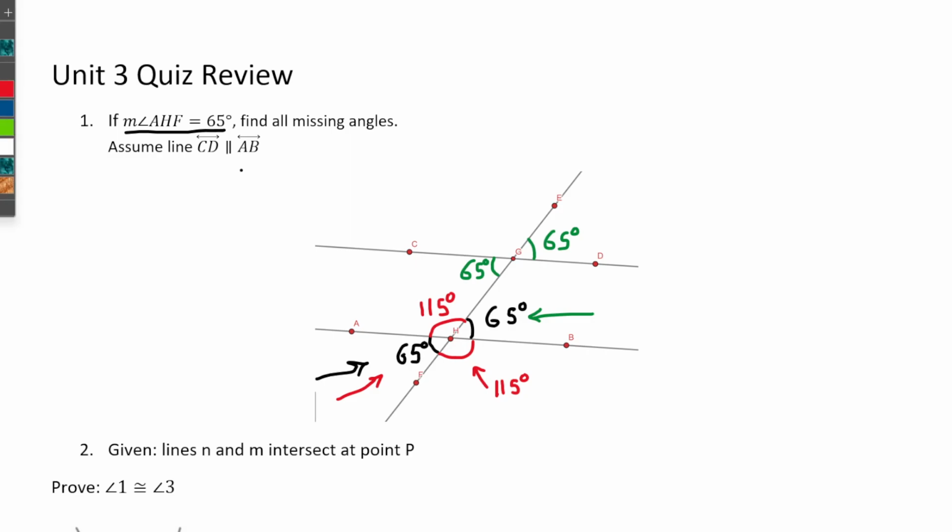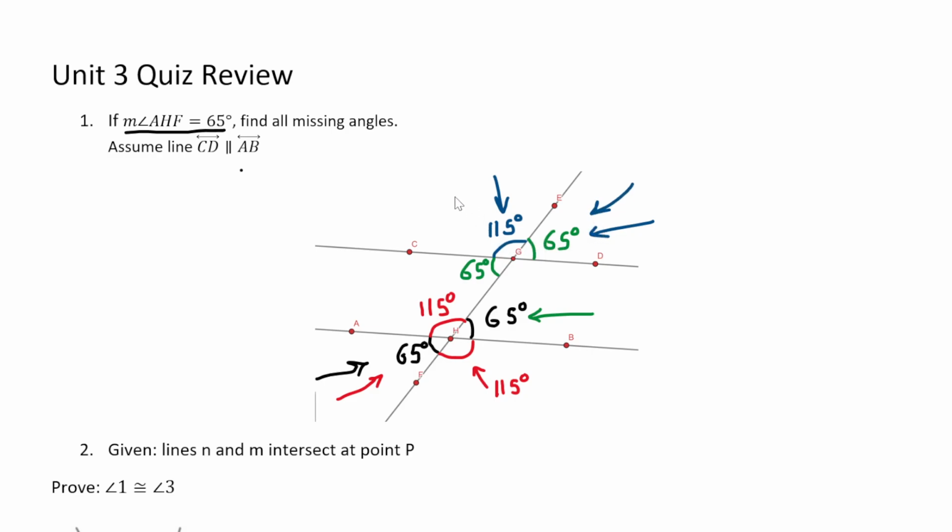Therefore, now if you just take a look at, let's say, this one and this one, these angles, both of these angles together, this green one and this blue one, make up a whole straight line. So then this one has to be 115 degrees. That would be because it's supplementary to this one.